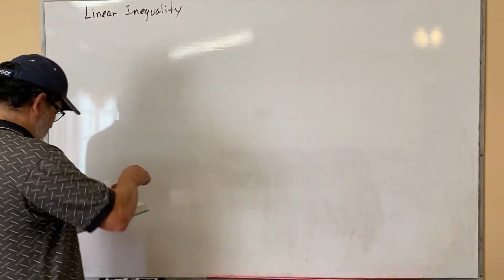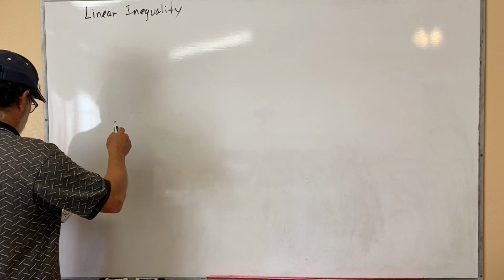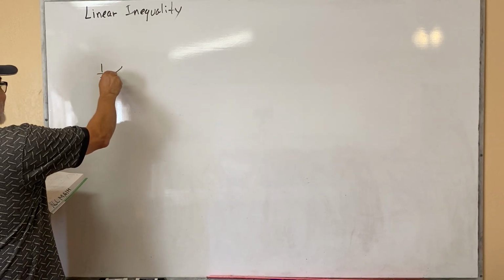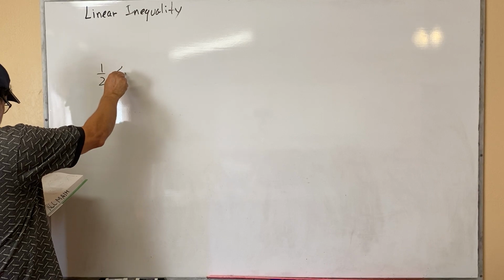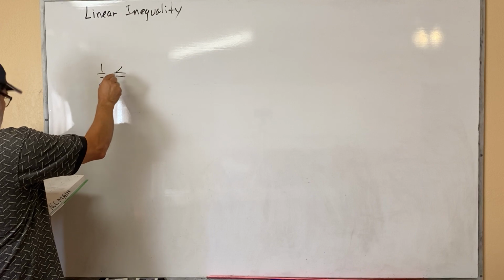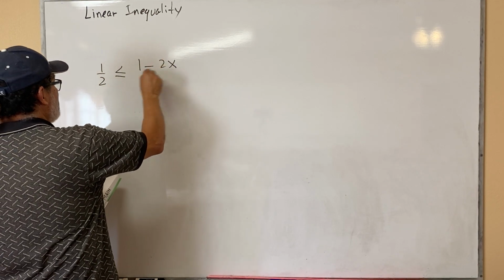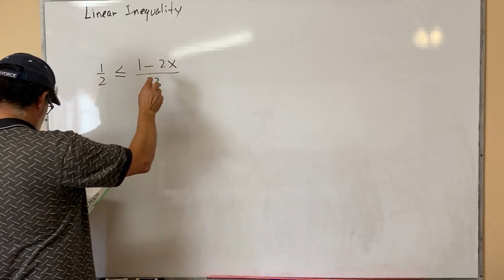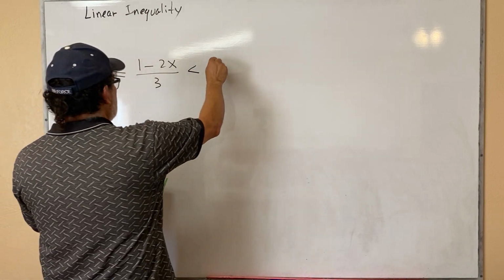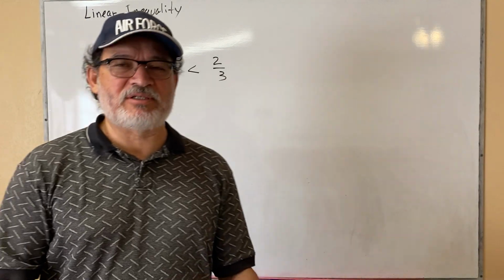Look at this one. 1/2 is less than or equal to 1 minus 2x over 3, less than 2/3. That has 3 sides.